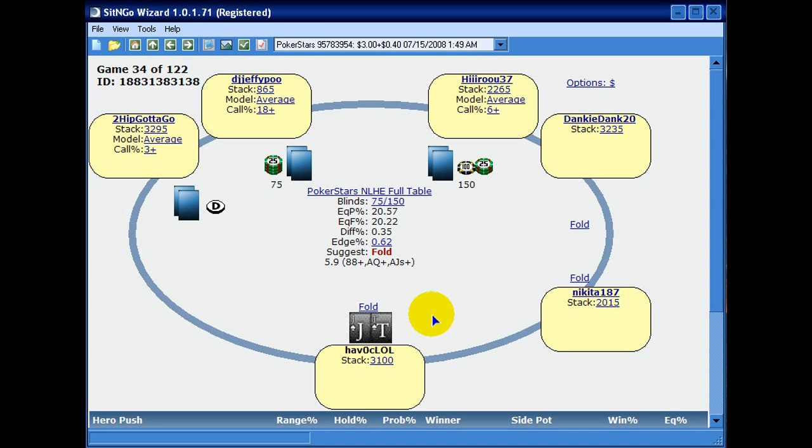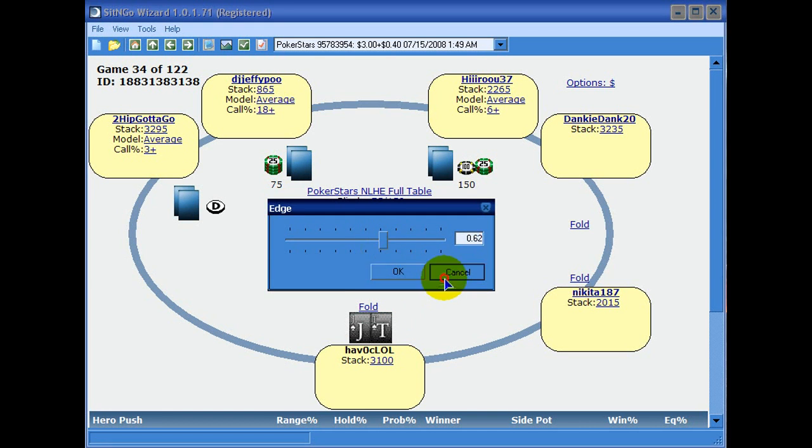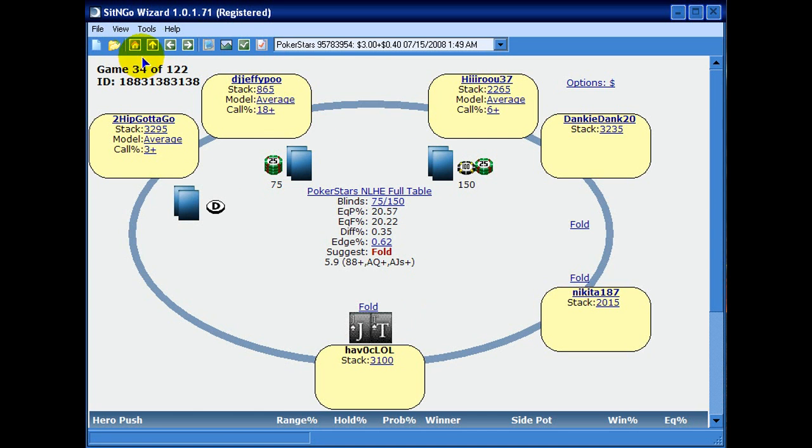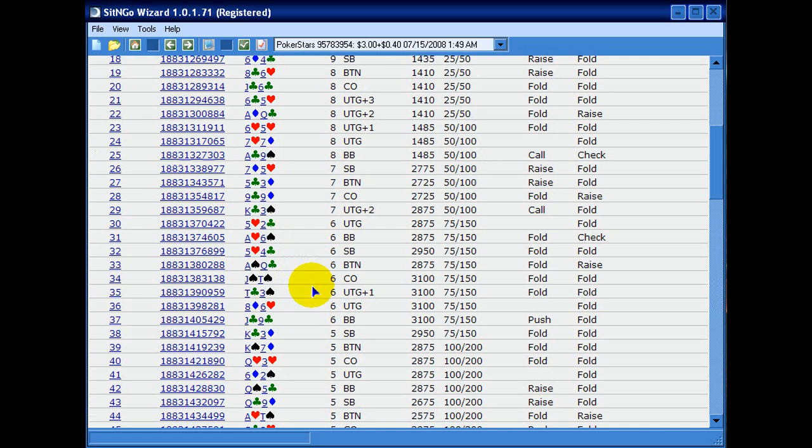Steal raising here is okay as well though. Sit and Go Wizard can't really analyze spots where you shouldn't be pushing or folding, so yeah, whatever. It's just something that carries over from charts and from experience.